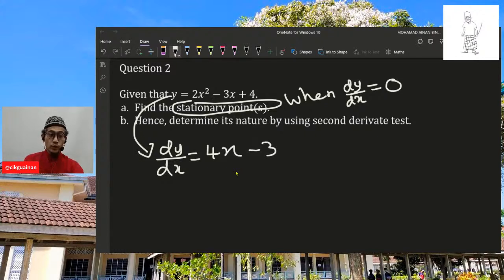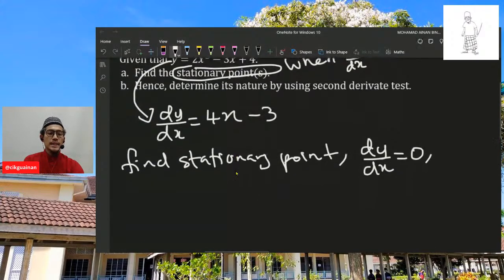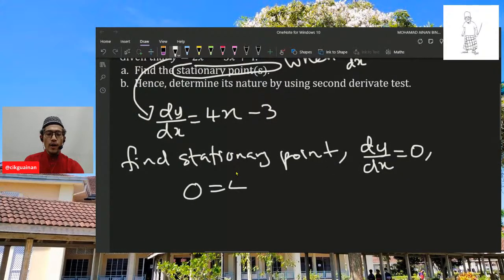So we want to find the stationary point when dy/dx equals 0. So 0 equals 4x minus 3. Arrange it to find x. It is 3 over 4.